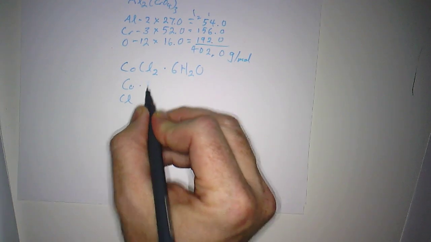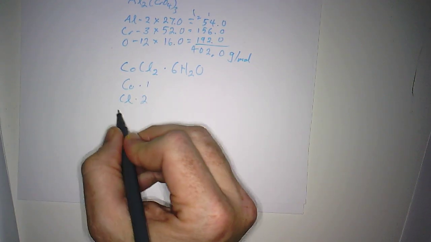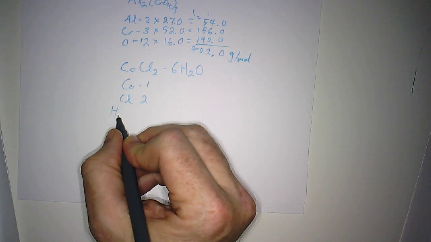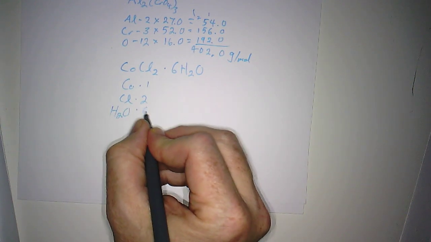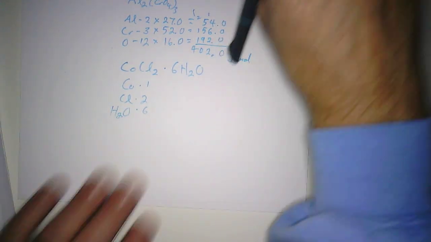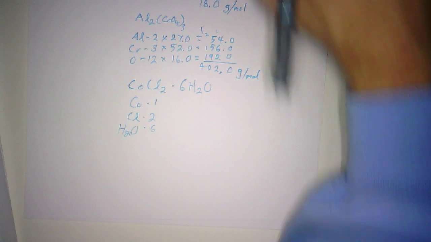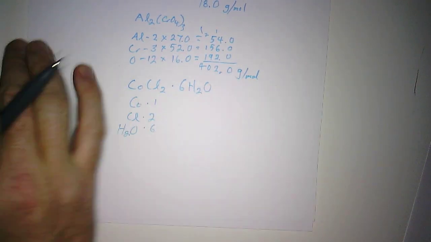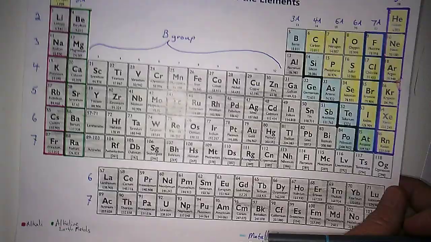So when we do it, we have 1 cobalt, 2 chlorines. But what I like to do, because we do use water a lot, so it's one we can kind of memorize, is we go H2O, and I've got 6 of them because I already calculated that out. That was the first example I did, and we're going to see this a lot. So that's one, probably not a bad idea to memorize it. I think you will just because we'll use it so much, but, you know, go ahead and do that.